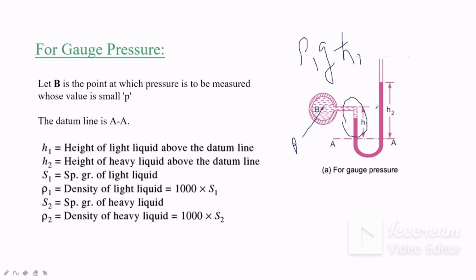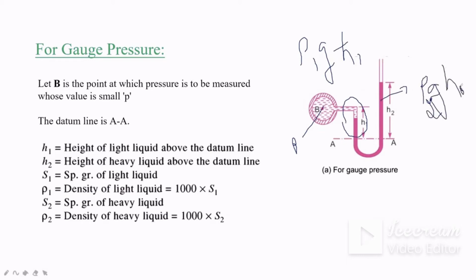Correct. Next, the pressure above A in the right column. In the right column there is no such system, so we directly take rho 2 G H2, where G is constant.